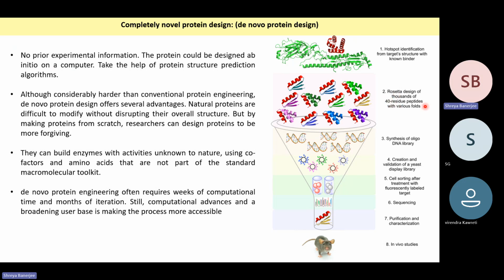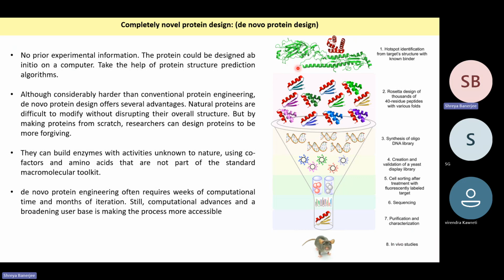Say 5,000 possible sequences will have different three-dimensional structures that can be predicted by computational programs. Then the DNA sequences corresponding to these peptides can be synthesized and replicated in plasmids, and all these can be synthesized, purified, and then used to study.